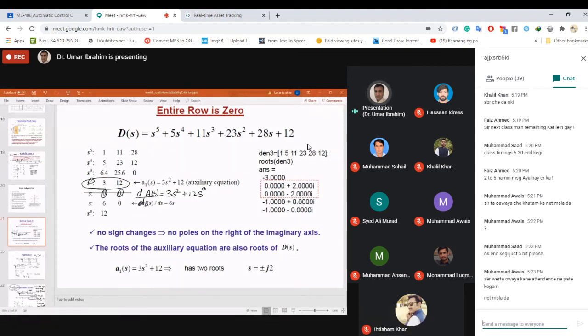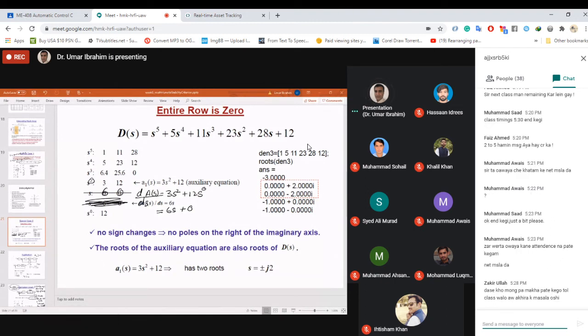When I differentiate it, it comes out to be 6s plus 0. Now, rather than writing 0, 0, I will write 6 and 0. 6 is a coefficient of s, and 0 is a coefficient that doesn't exist. समझ आ रही इस बात?